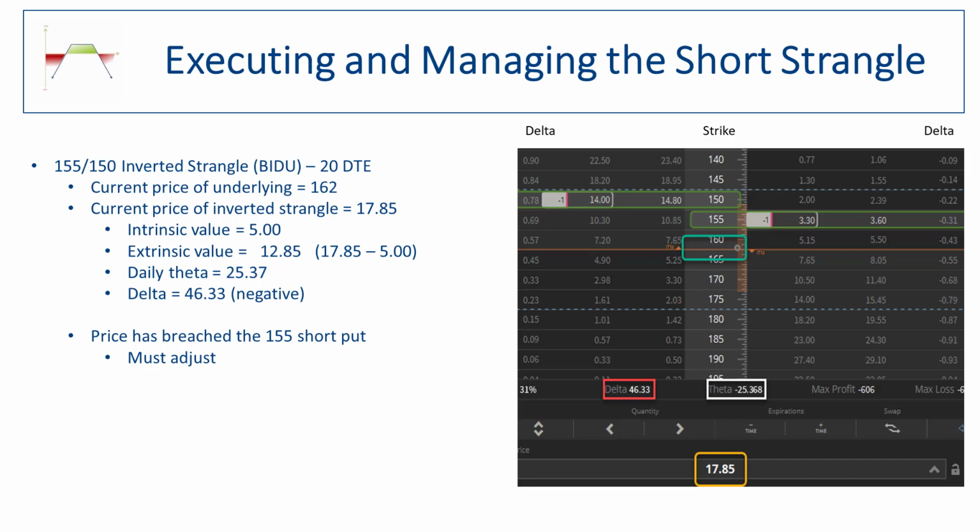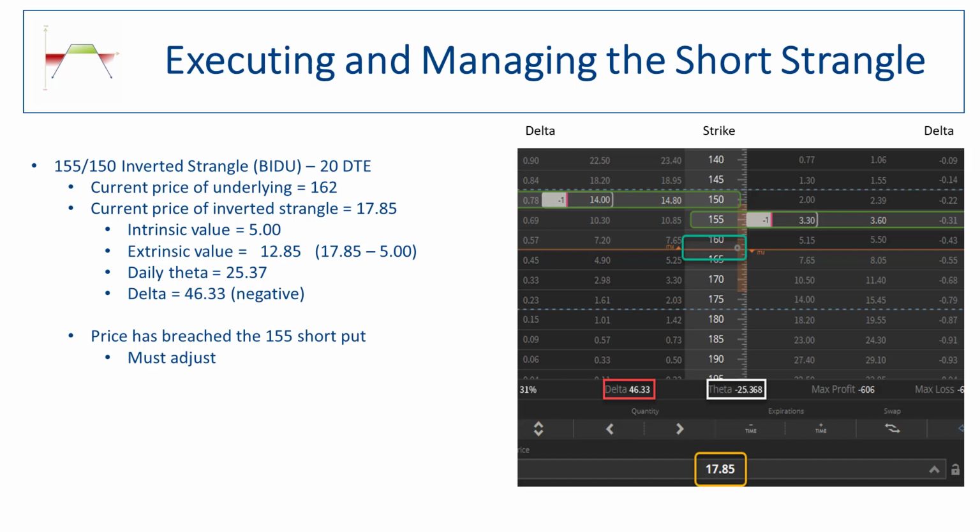The intrinsic value of this position is the width of the inversion, or $5. Because the price has breached the short 155 put, the extrinsic value is a huge $12.85. The daily theta of the trade is negative 46.33 deltas.